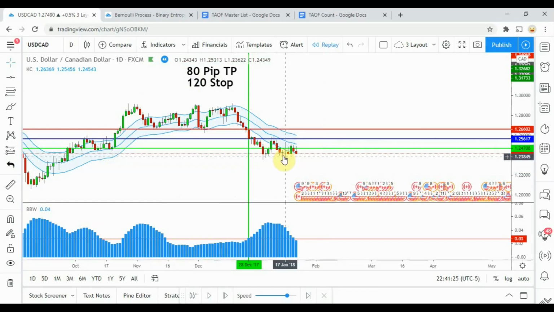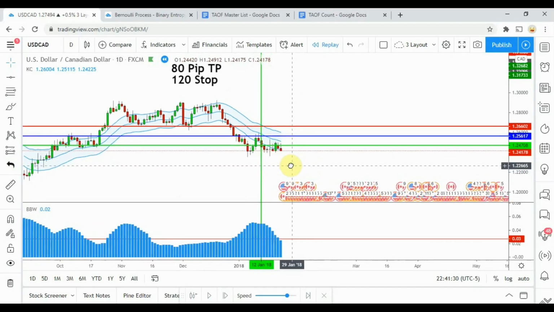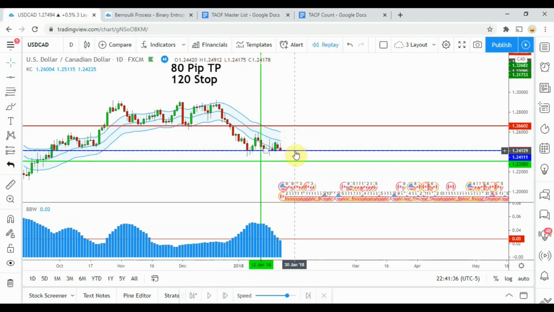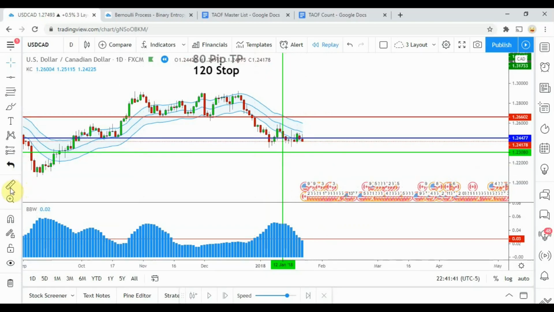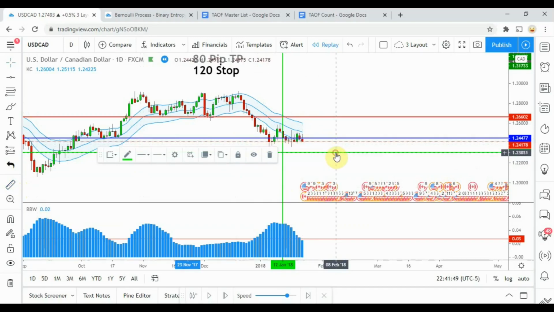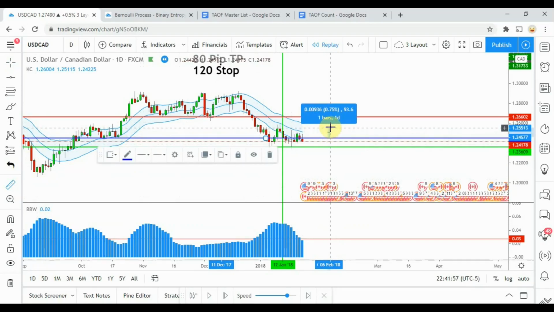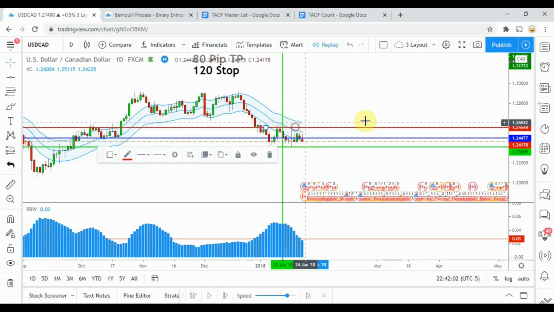So let's move this out of the way and move this to there. That candle right there, we would be at an entry right about there. We would again take profit at 80 pips right there and stop at 120 pips, which would be about right here.